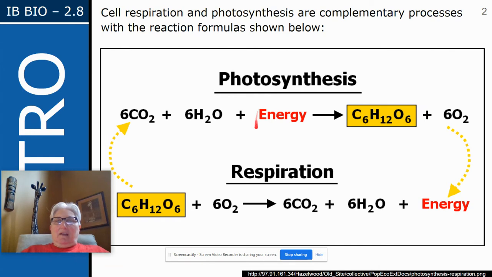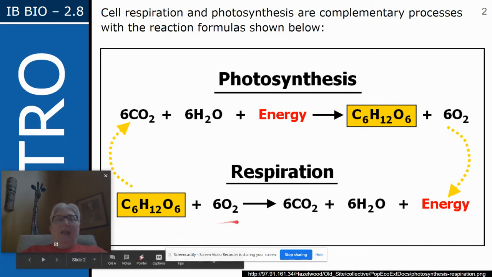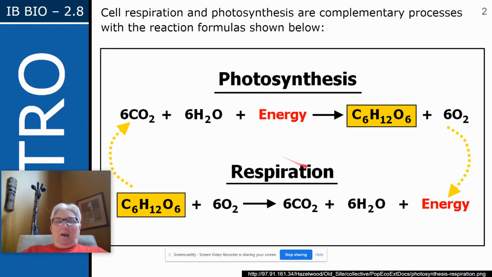So when we're looking at cell respiration, what we notice here is that the product of photosynthesis becomes the reactant of cell respiration. And the reactant of photosynthesis becomes the product of cell respiration.